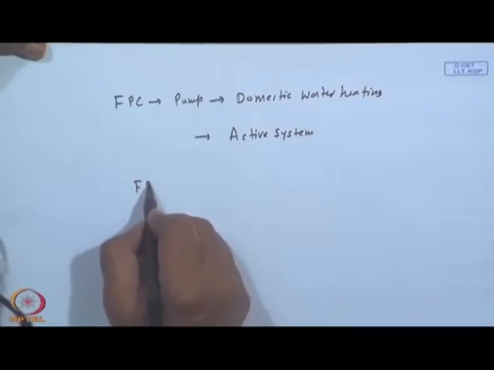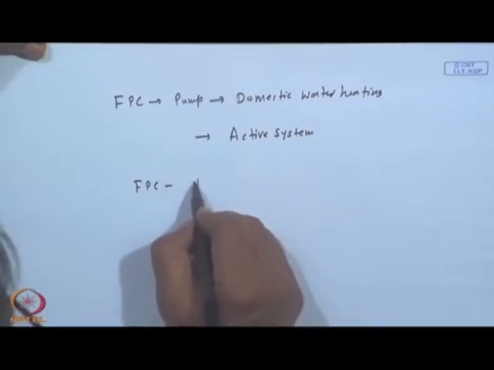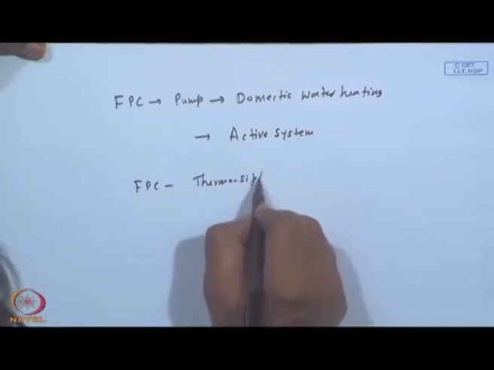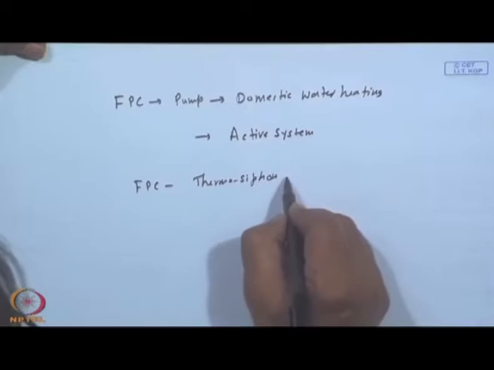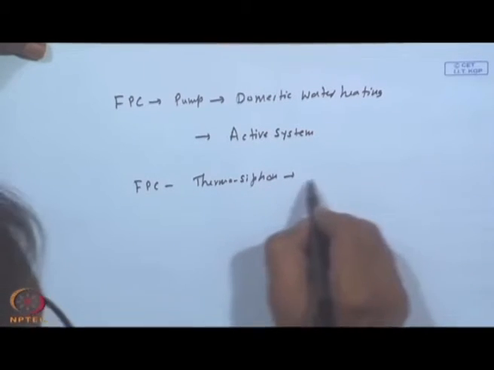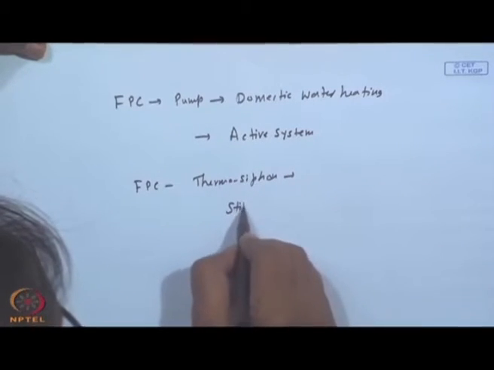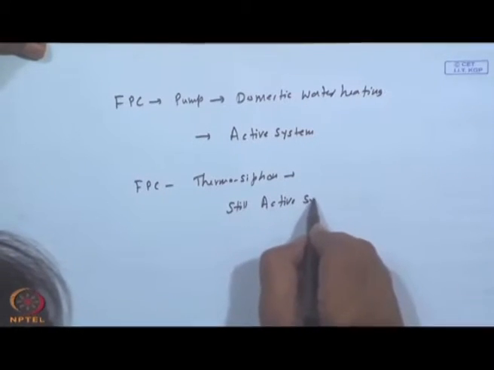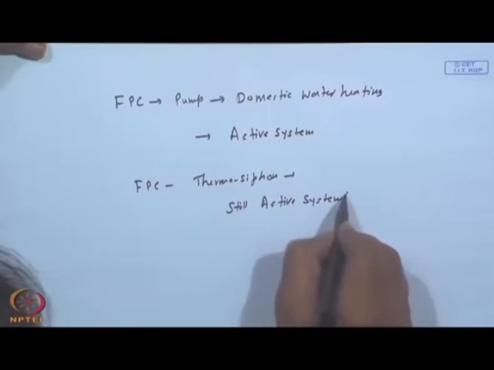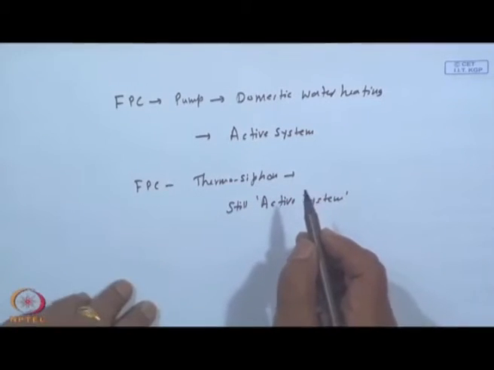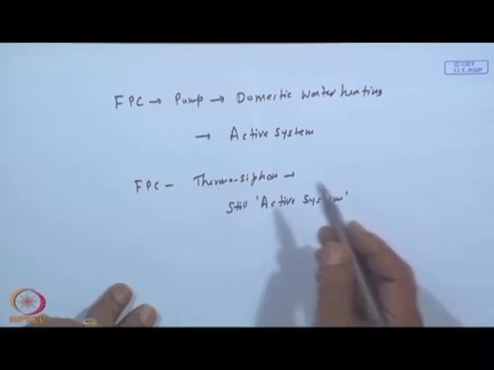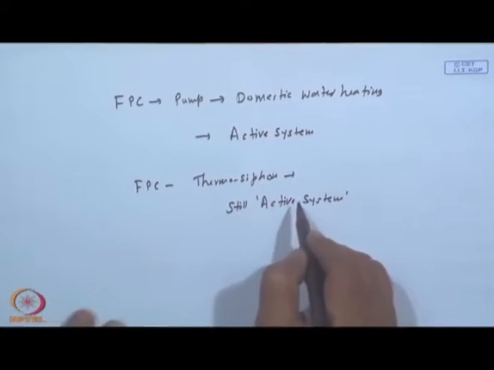Similarly, use FPC, use thermosiphon, still an active system. Because there is no auxiliary power, there is no pump, we do not call it a passive system, we will call it still an active system.